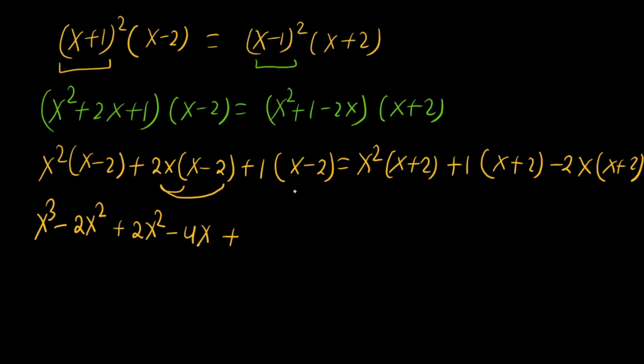Then 1 is multiplied by (x minus 2), the number is not changed because 1 is the multiplicative identity, and if any number is multiplied by 1 then the number is not changed.